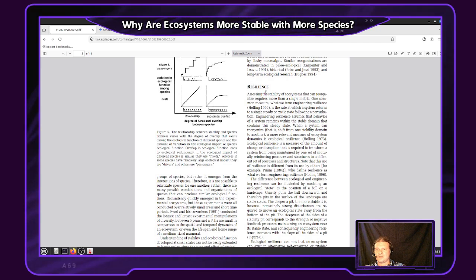All right, resilience. Engineering resilience is the rate at which a system returns to a single steady or cyclic state following a perturbation.